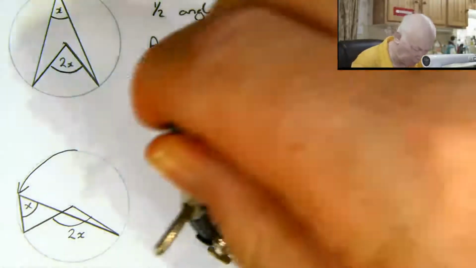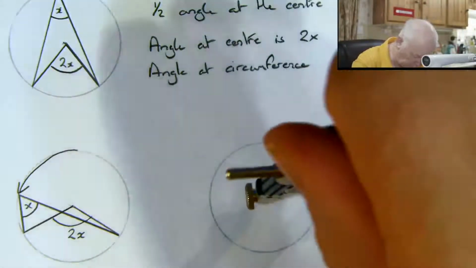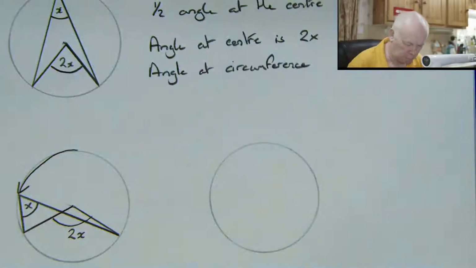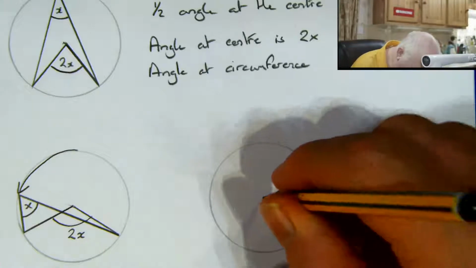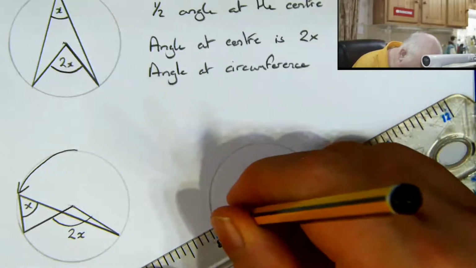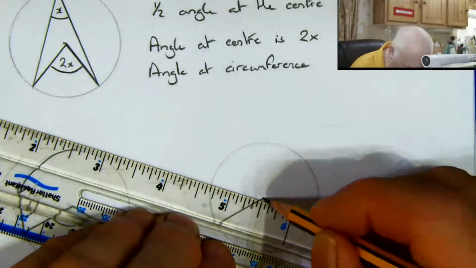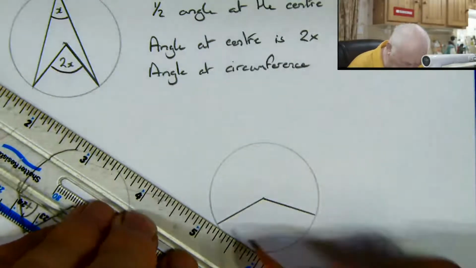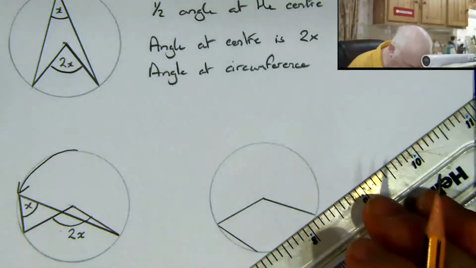Let's draw another variant of this. Let's take 2 radii. But this time we're going to go down this way.